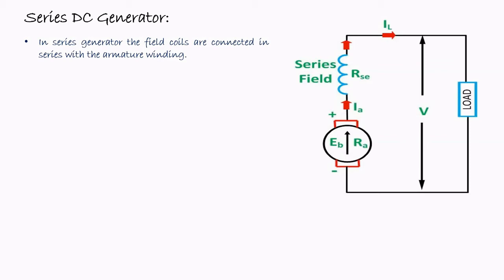In case of self-excited, which we have already discussed, the current that is flowing through the field winding will be supplied by the EMF which is induced in the armature.